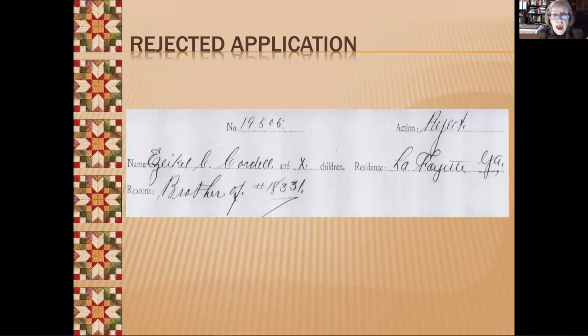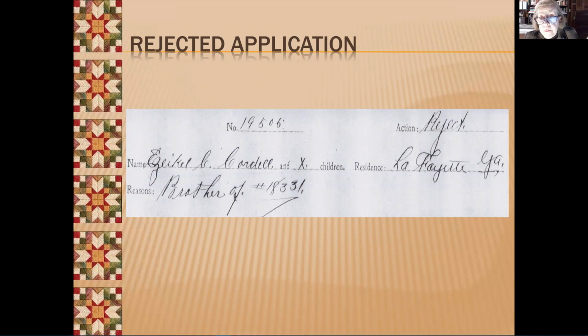Now we're going to look at the same application, but this one is a rejected application. And this is a great-great-grandfather of mine that lived in the area in North Georgia where the Cherokees originally lived.